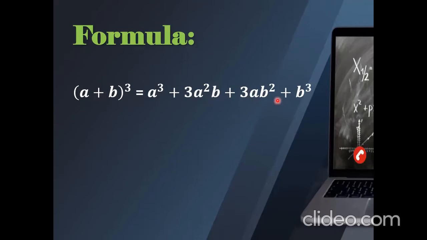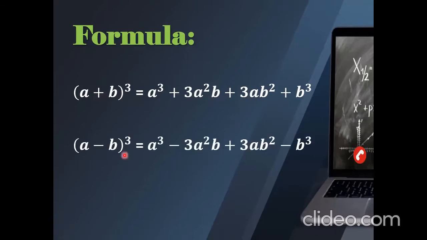And another formula is this one, (a minus b) whole cube. If you have plus and if you have minus, the formula will be different. What will be the formula if you have (a minus b) whole cube?